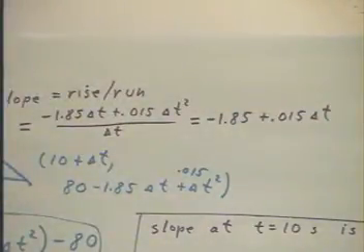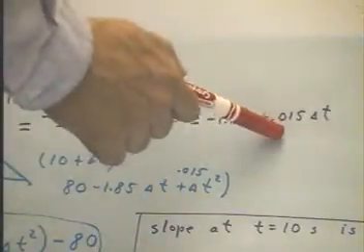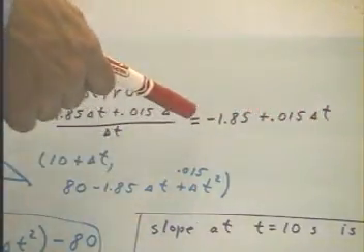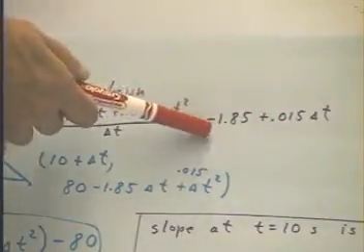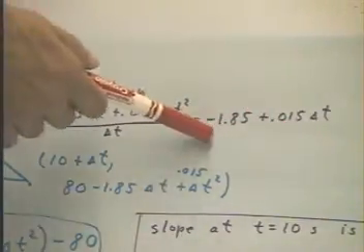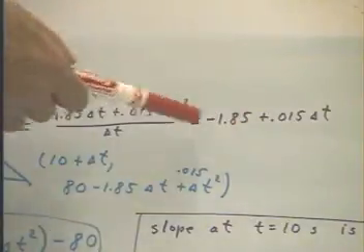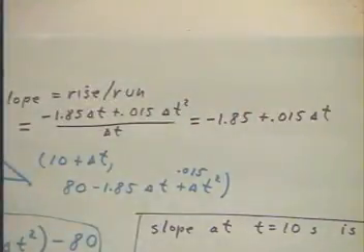If we plug in delta t equals 20, remember in our first approximation we used clock times t equals 10 and t equals 30, where the delta t was 20. If we multiply 0.015 by 20, what do we get? We get 0.3. If we add 0.3 to negative 1.85, we get negative 1.55, which indeed was our slope as calculated over the 20-second time interval.